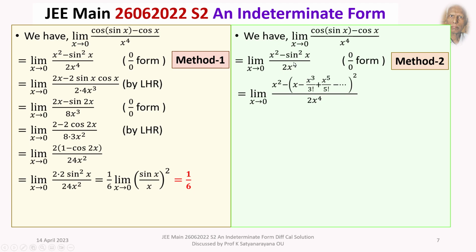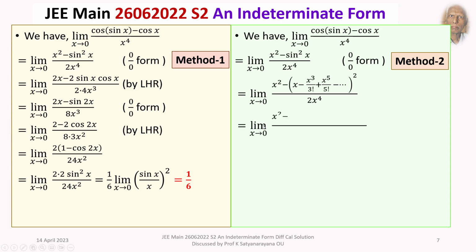We have used the Maclaurin's expansion of sin x. Now the limit as x tends to 0 of x square minus, in this there will be higher powers, but we will concentrate only on the first two terms.